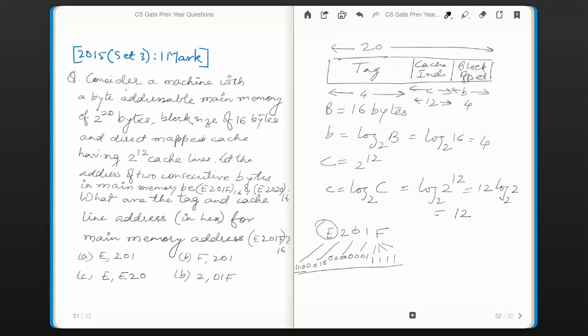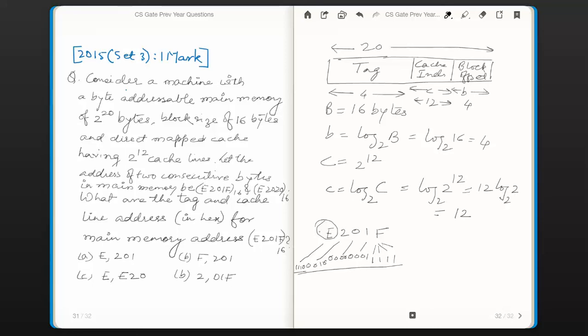Now let us check the value of the cache line address or cache index. The cache index is after the tag field: after leaving 4 bits from the most significant side, the next 12 bits represent the cache index. 12 bits in binary, when converted to hexadecimal, would be 3 hexadecimal digits.